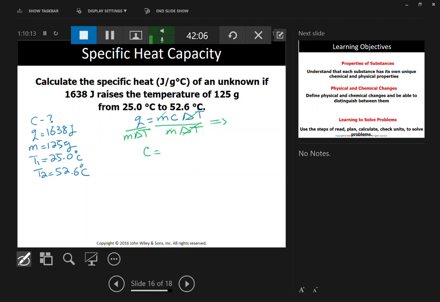Therefore, C is going to equal Q over m delta T.